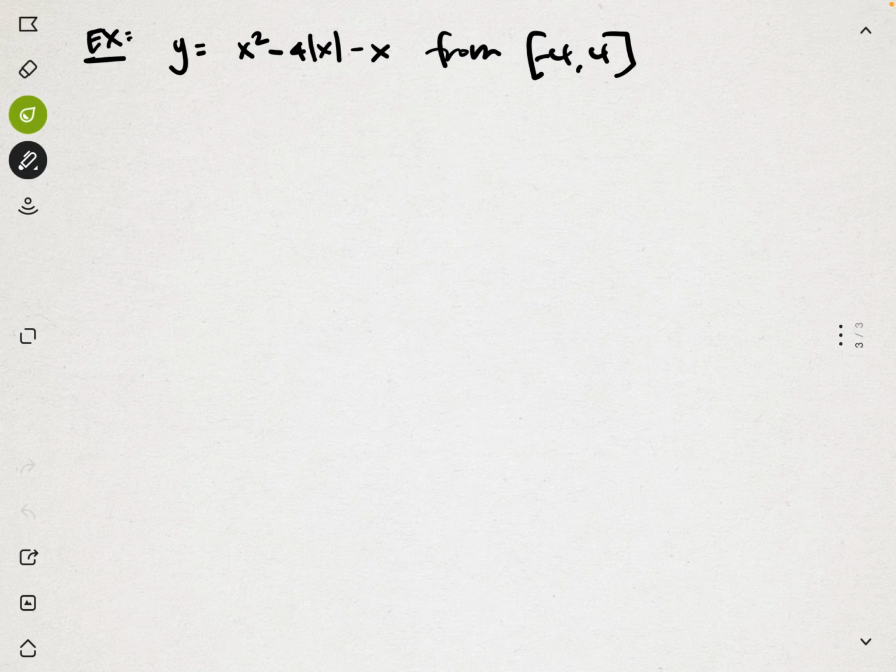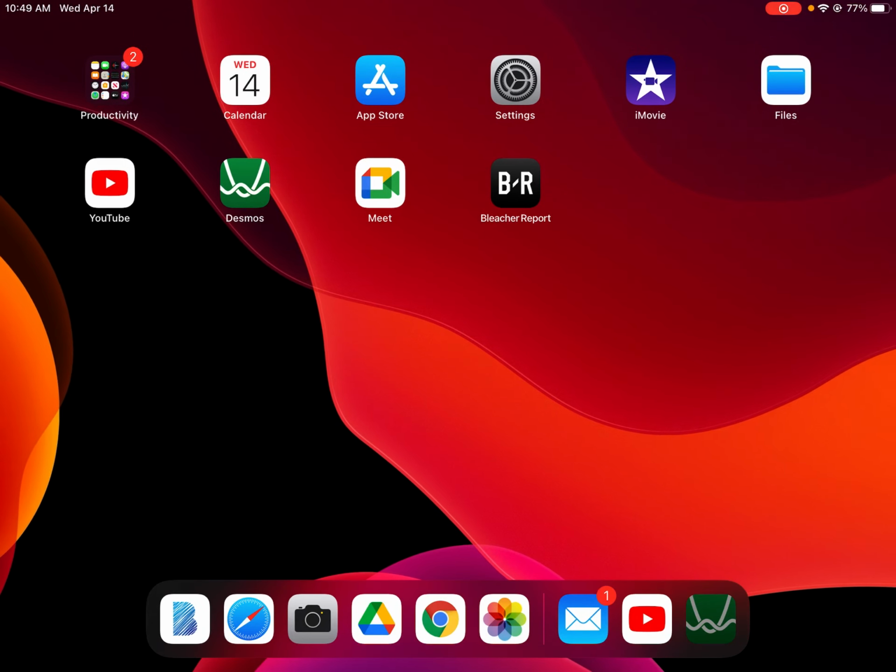Okay, and then the last one, another strange case. So we need to figure out here what this looks like: x squared minus 4 absolute value x minus x.